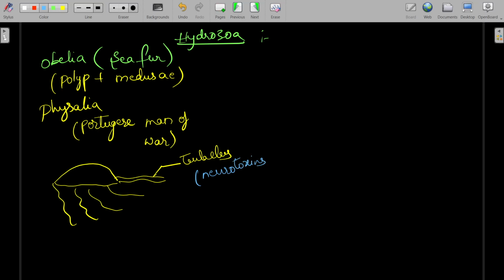When they catch prey or encounter any danger, Physalia uses these tentacles to release neurotoxins into the body of the enemy. These neurotoxins are very poisonous.